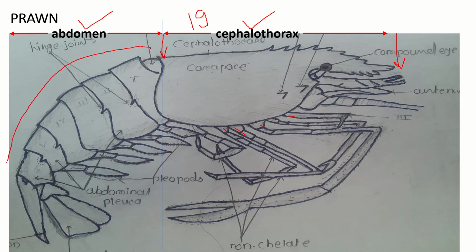The anterior part is called the cephalothorax region, and the posterior part is called the abdomen region.